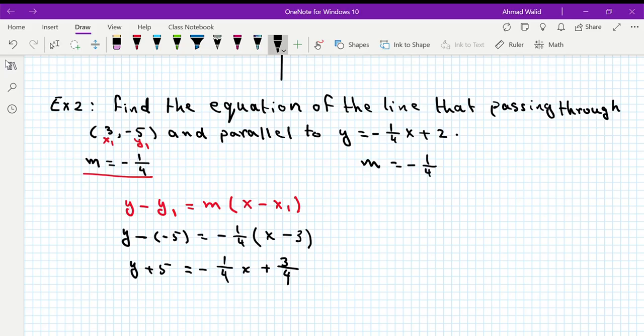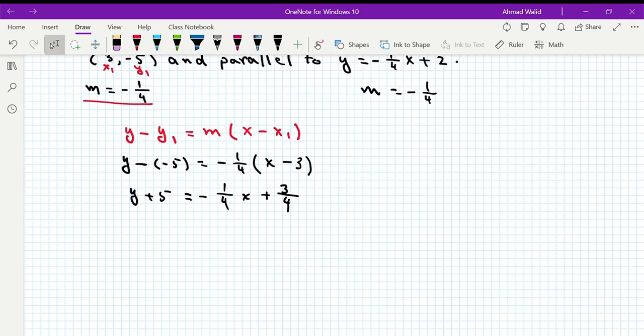Now, if it's difficult for you to subtract 5 from this number, there is another easy way: first multiply everything by 4 to remove the fraction and continue. I will multiply all terms of this equation by 4. 4 times y gives me 4y, plus 4 times 5 gives me 20, equals negative x plus 3, since the 4s cancel out.